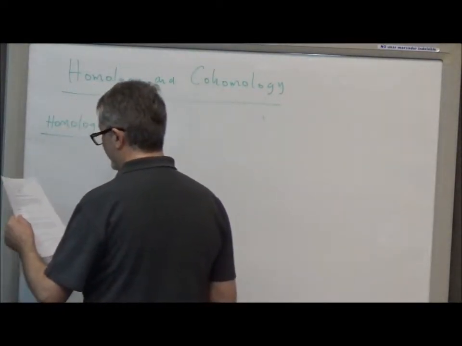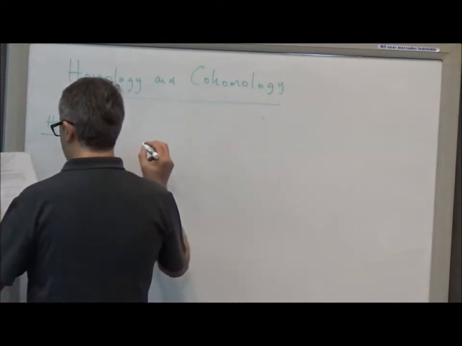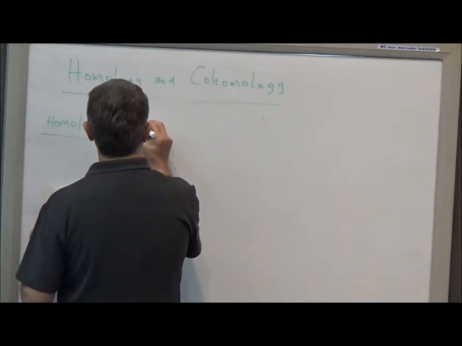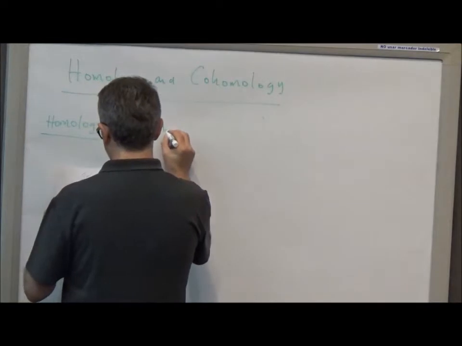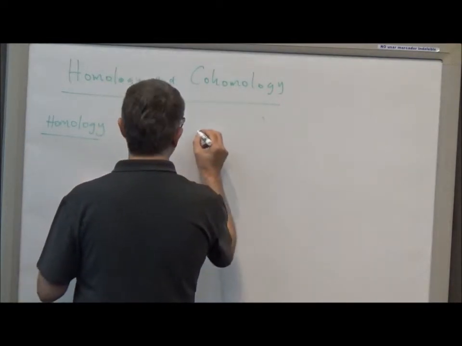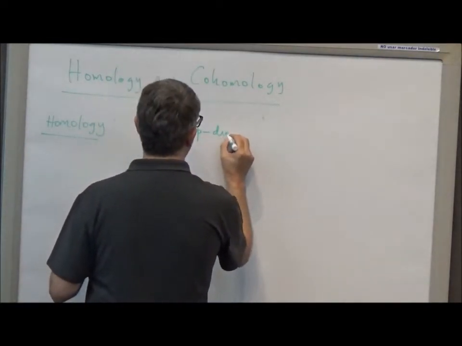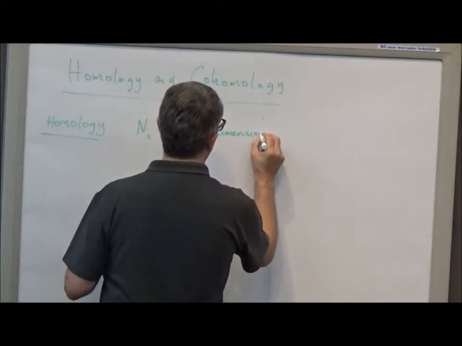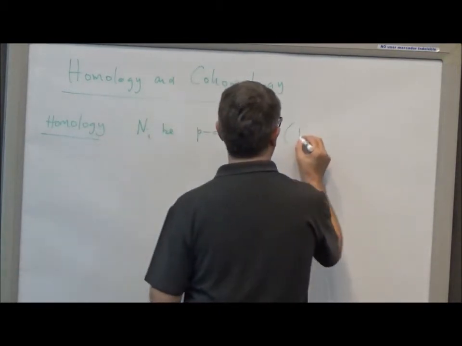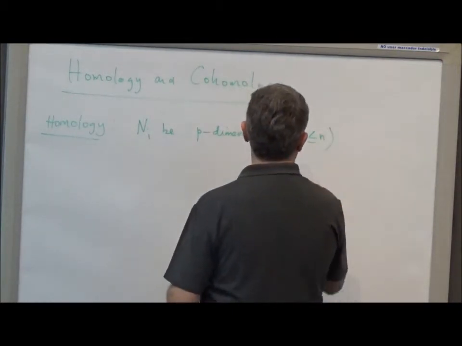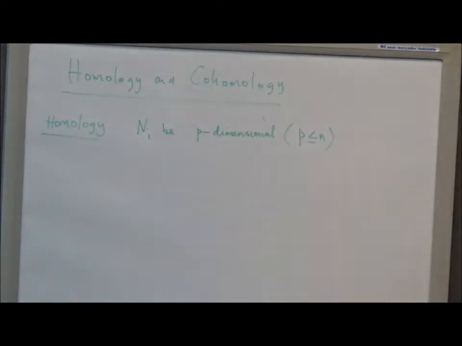You can have boundary, I don't mind this time. So we let N be d-dimensional, just for concreteness, if the dimension of X is n, I want p to be less than or equal to n.